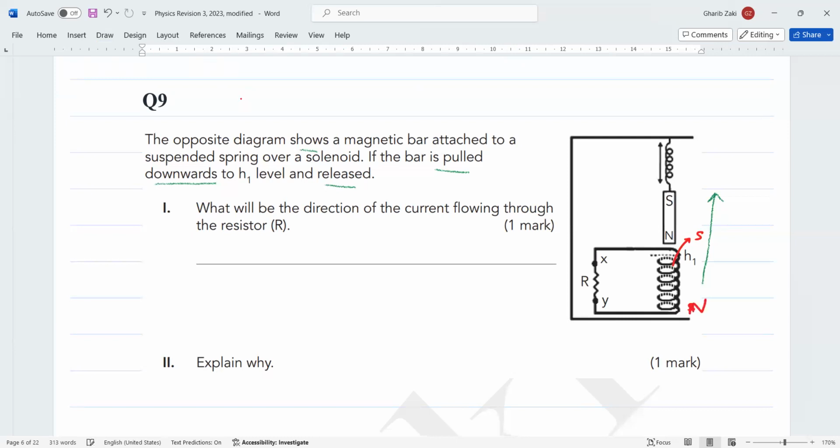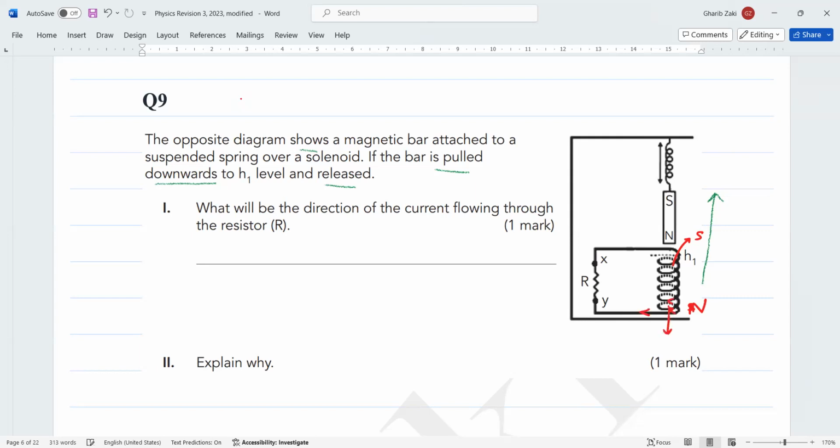Now, this north, it means what here? Then, according to right-hand grip, this is the direction of the current produced.